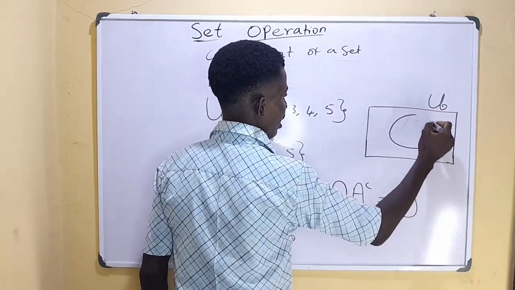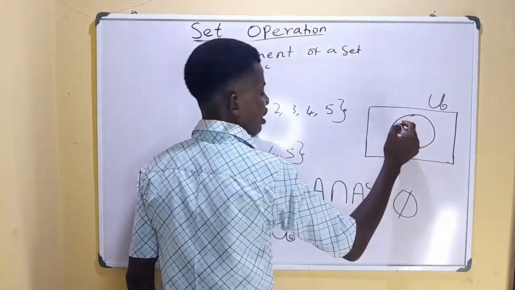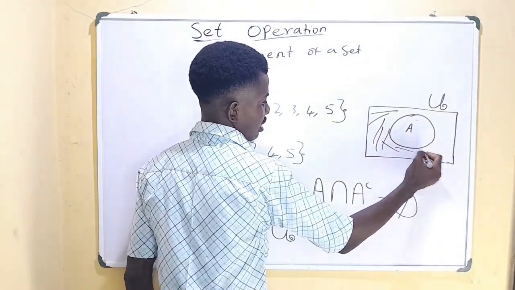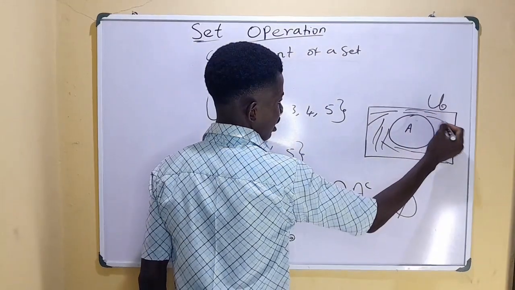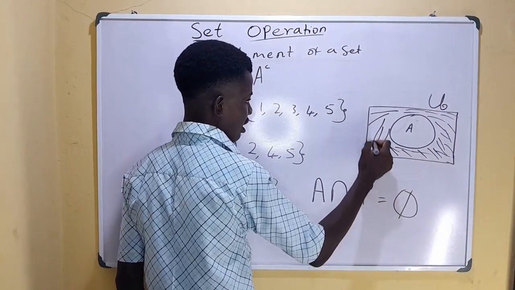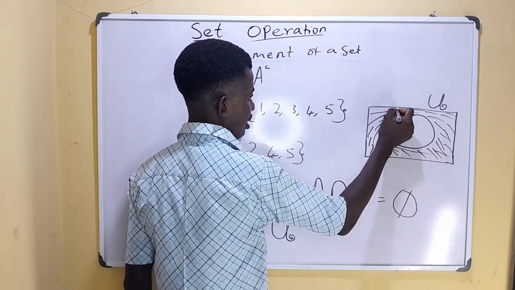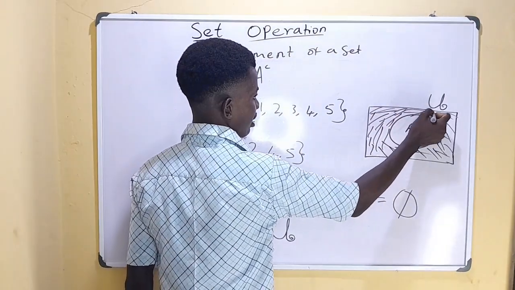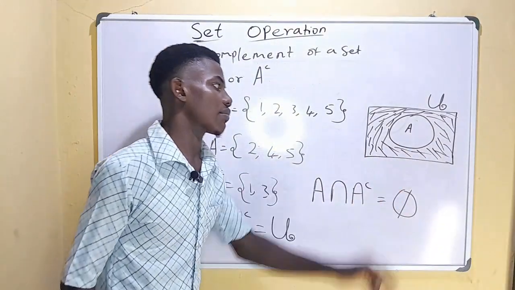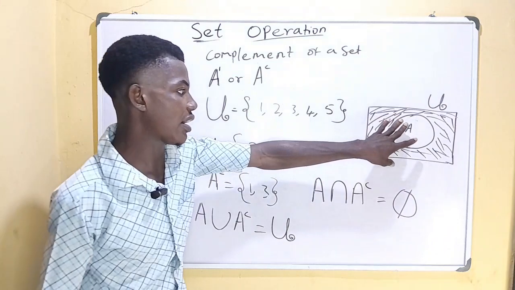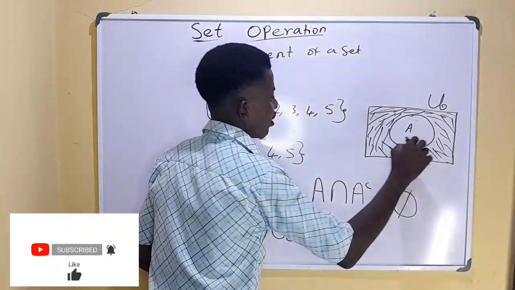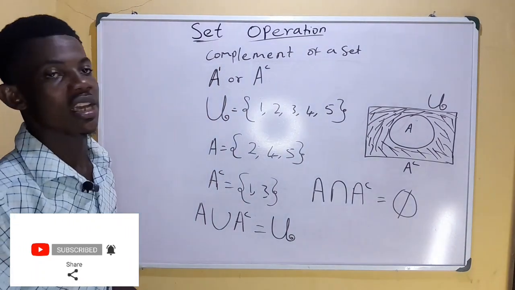Now let's say this is our set A. The complement of set A are those places that are not inside the set. This is the Venn diagram for the complement of set A.